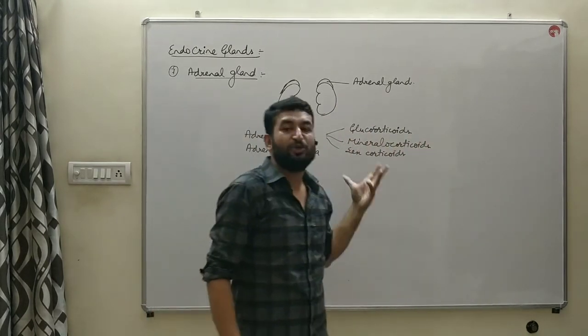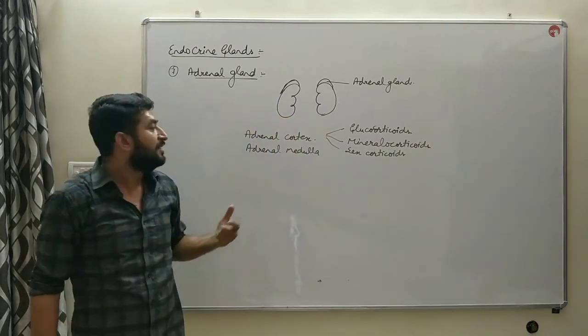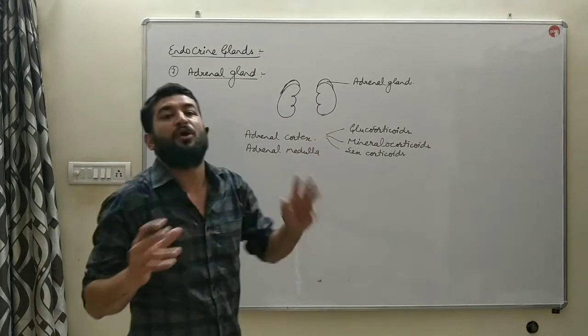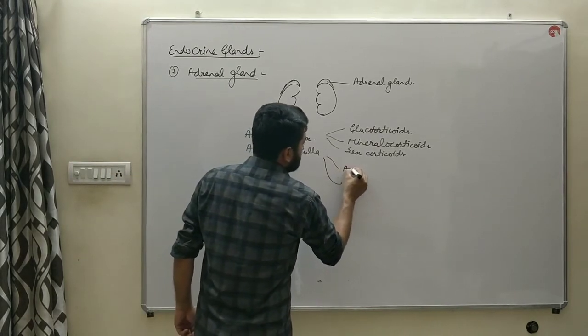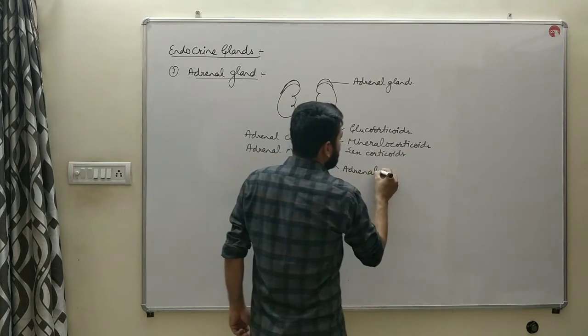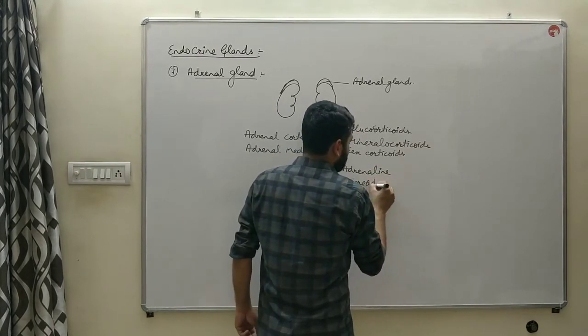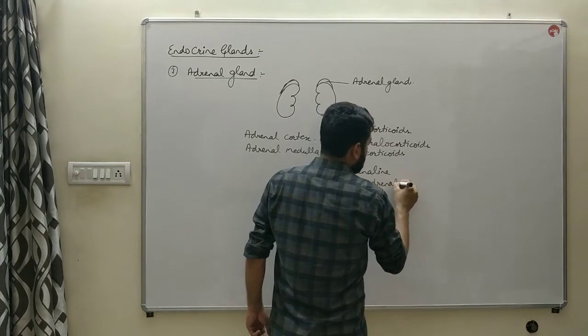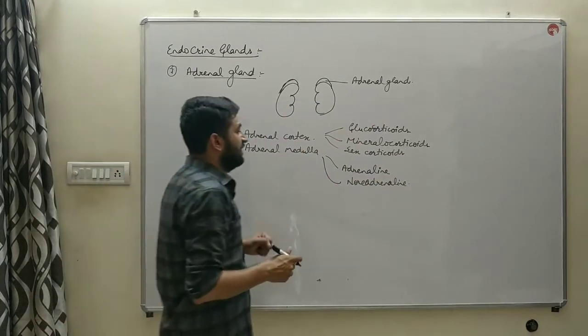These control the metabolism of various minerals like sodium and potassium ion balance in the body, and these control the sexual hormones. Adrenal medulla secretes two hormones, adrenaline and noradrenaline, or epinephrine and norepinephrine are also their names.